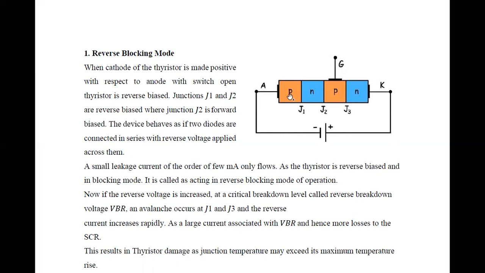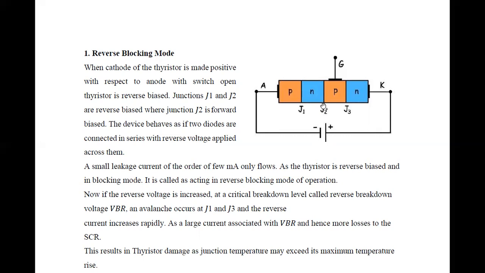Now the junctions J1, J2, J3, these three are the junctions. The J1 junction is formed by these two layers, PN, J2 is formed by these two, NP, and J3 is formed by these two, PN. These three junctions are also connected to the supply. Coming to junction J1, P is connected to negative and N is connected towards positive, so it is reverse biased.